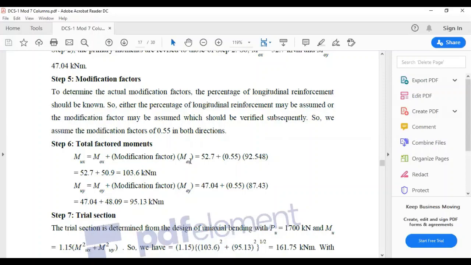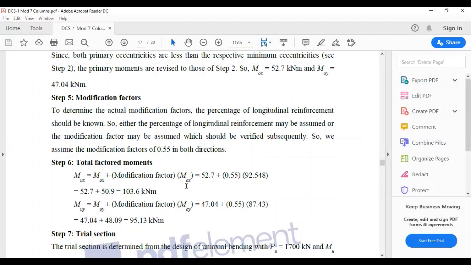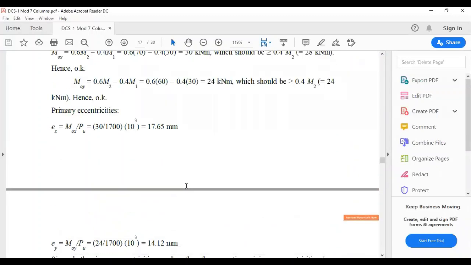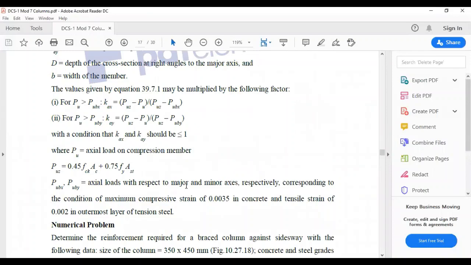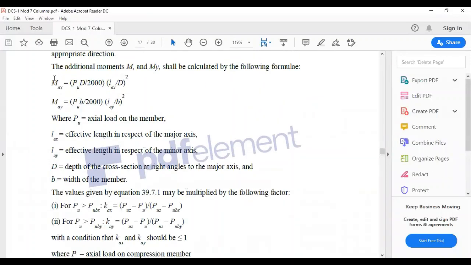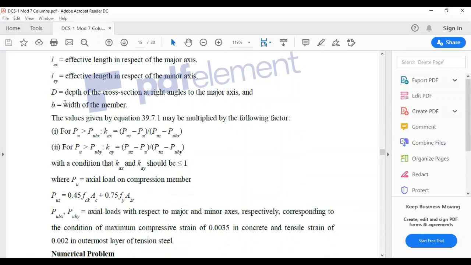For your convenience, the values of MAX and MAY were discussed in the previous session, and this value has been taken from there. This is the formula for MAX and MAY, which can be used to find their values.